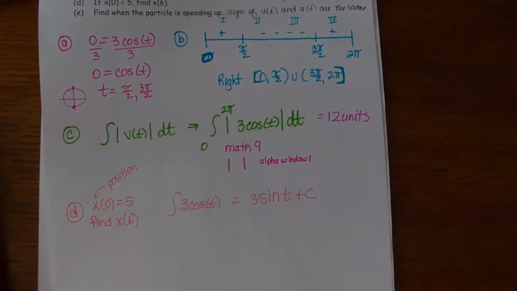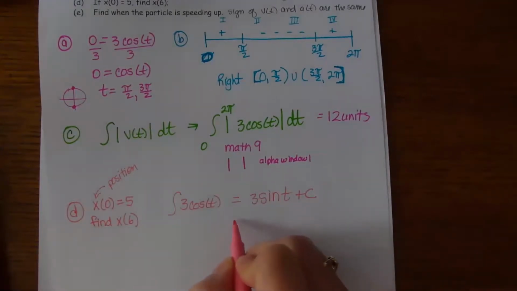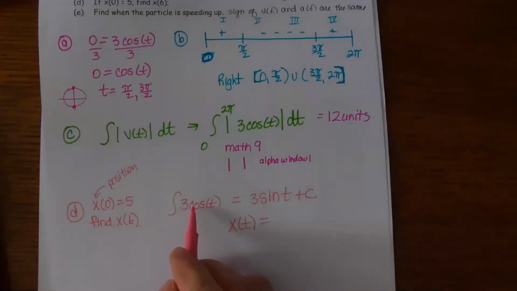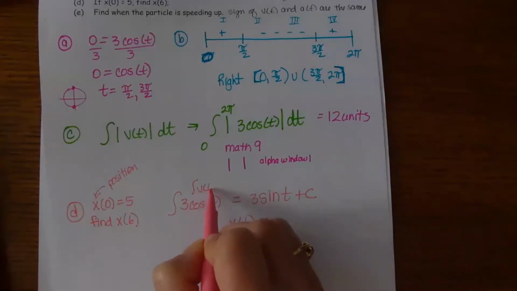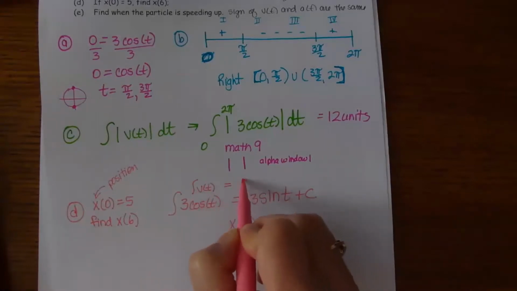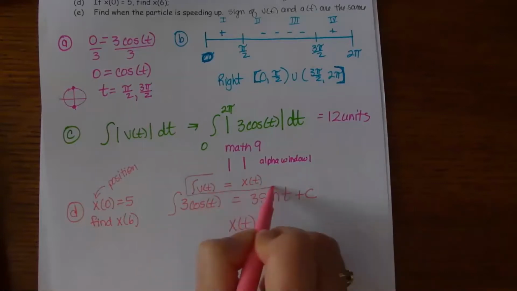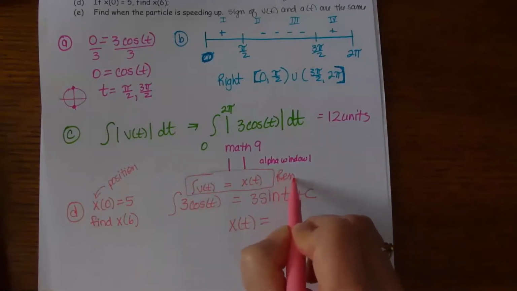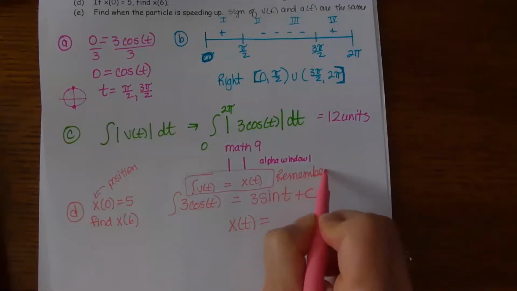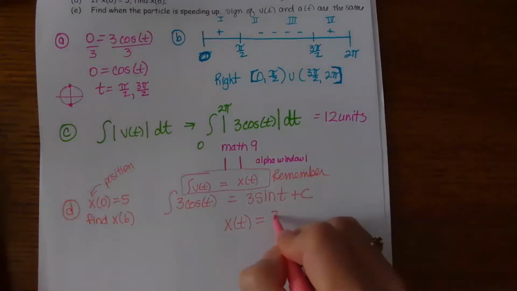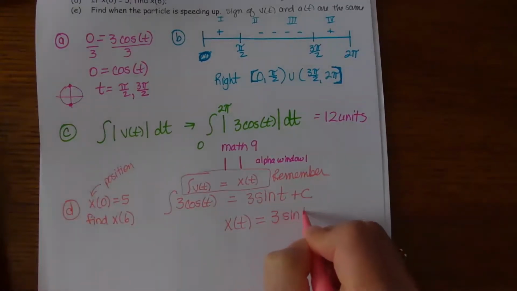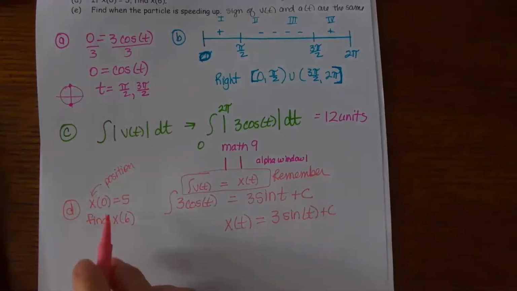Now we need this information so that we can solve for c. So 5 is the y. So let me write this down. I want to make sure when you integrate velocity, you get position. Remember, right? When you integrate velocity, you get position. So this is now position. And they gave me a clue.